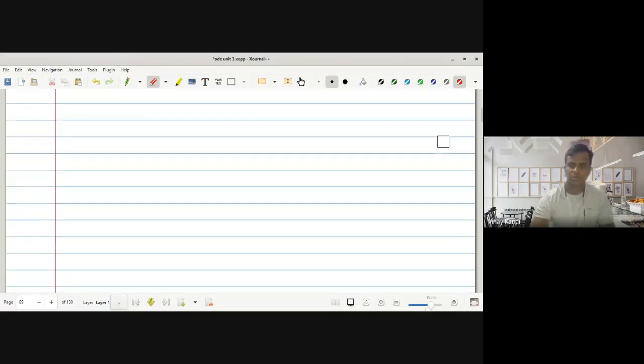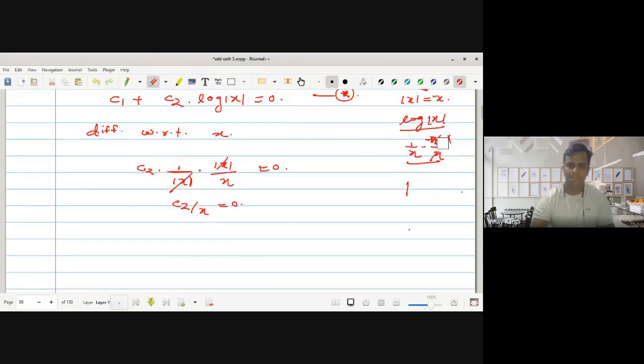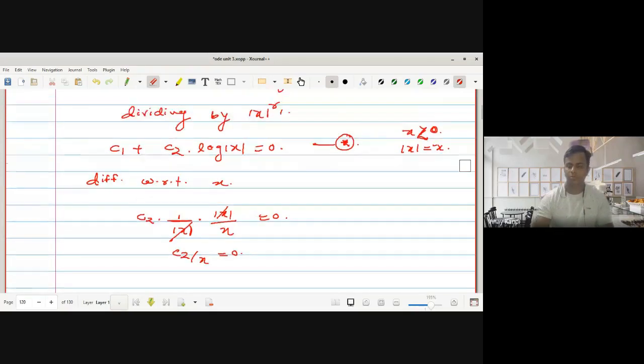Wait a minute, okay? एकच मिनिट. Log of mod x is equal to minus x when x is less than 0. Okay.